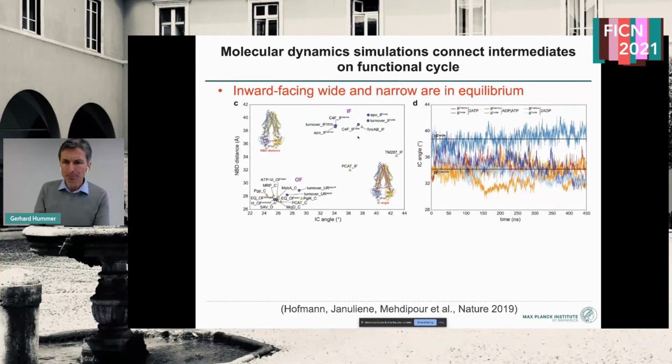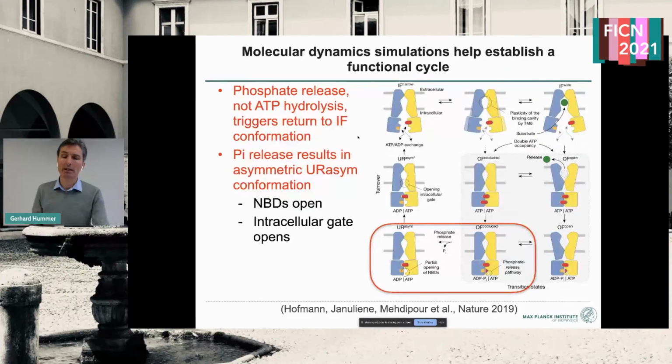And we could also establish a connectivity between the conformations, as seen in the cryo-EM structures, which are collected in part under turnover conditions. So we were looking at ABC transporters in active turnover, and then complemented by MD, developed a relatively complete picture of the transport and catalytic cycle.